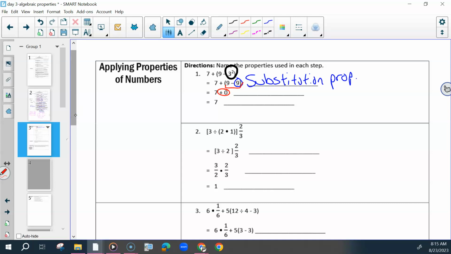Give me a second to see if we can figure it out. It is additive inverse. Even though we're technically not adding, it is additive inverse. Spell that right.